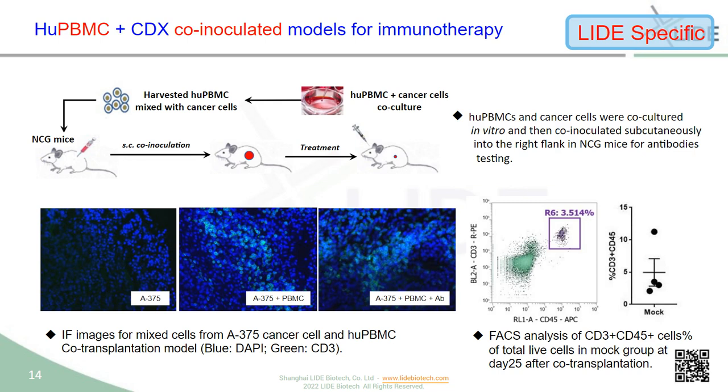So we first validated this model. The immunofluorescent images showed that the green CD3 positive T cells are well infiltrated in the tumor tissue. And we also did a flow cytometry analysis, which revealed that around 3% CD3 positive T cells infiltrated the tumor tissues at day 25 after human PBMC and cancer co-inoculation.